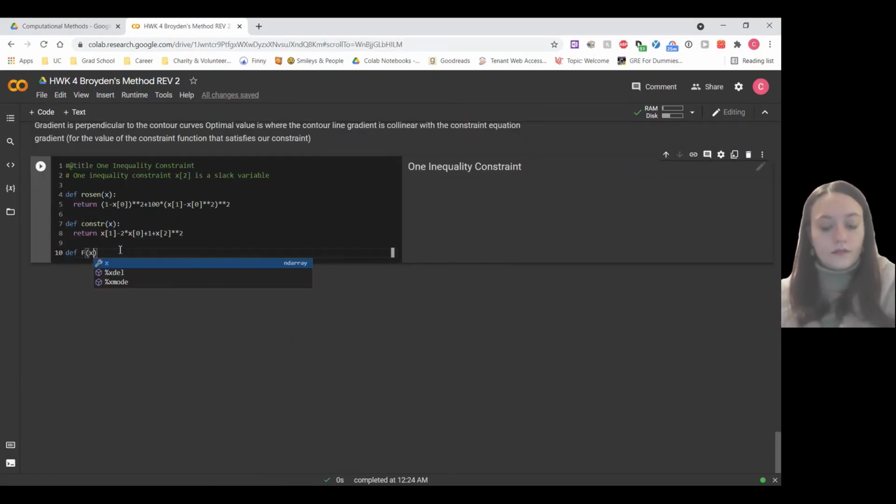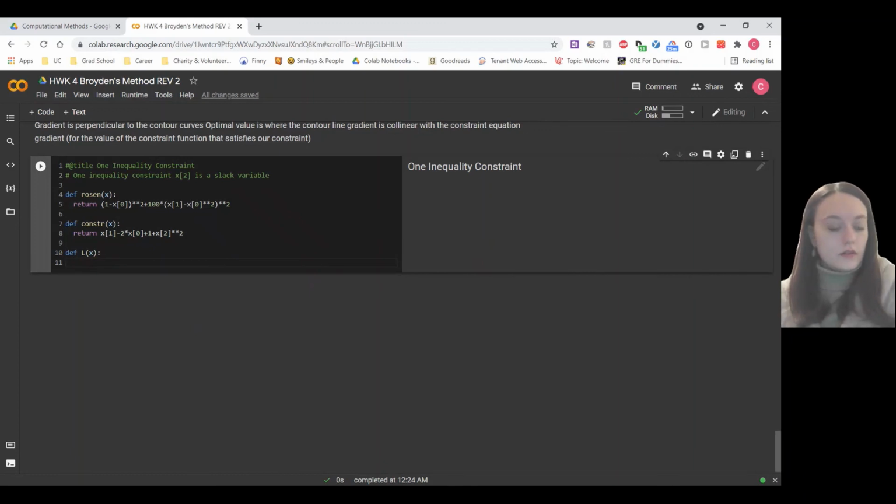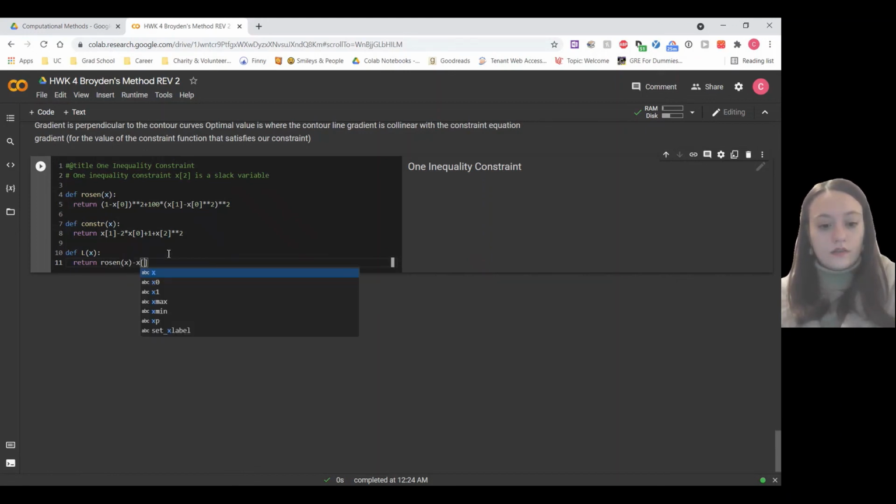So our Lagrangian will be equal to our Rosen function f minus, we have our Lagrange multiplier, that'll be the last value in our vector for x, and then times the constraint. So we'll have multiplier times constraint.